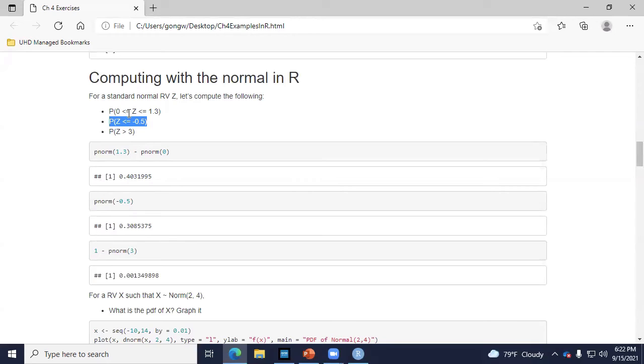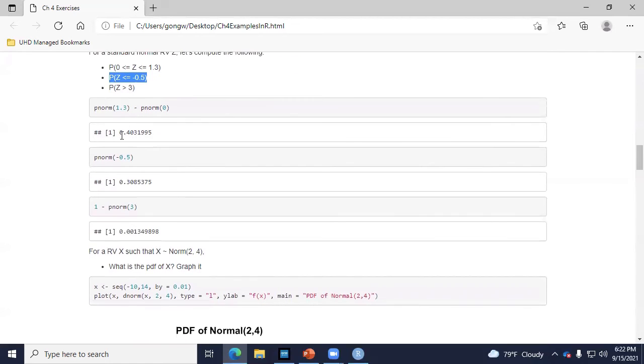But when we talk about the PDF, it's different. When you look at those formulas, the PDF could go over 1. For some PDFs, like the uniform, it will not go over 1, but for some it can. Again, when we talk about probabilities, you can't have more than 100%.